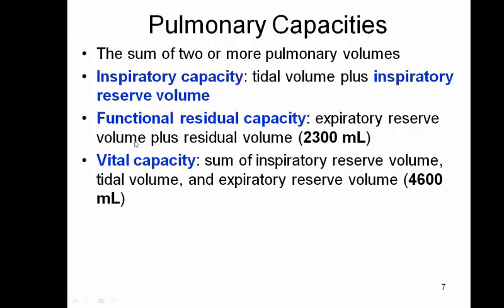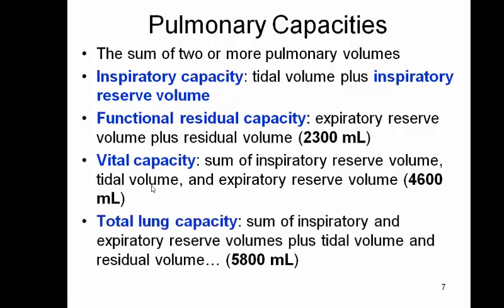That's the amount of air that's vital to our health and to our existence, because there are situations where we have to increase how much air we pull in, and situations where we have to increase the amount of air we push out, and that climbs above what we would normally move under resting conditions.